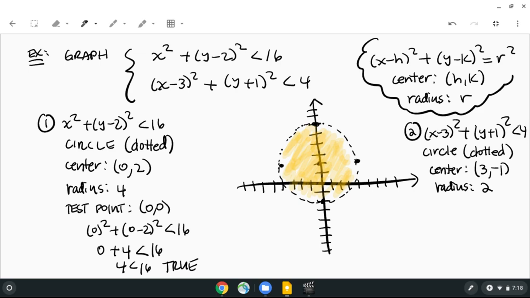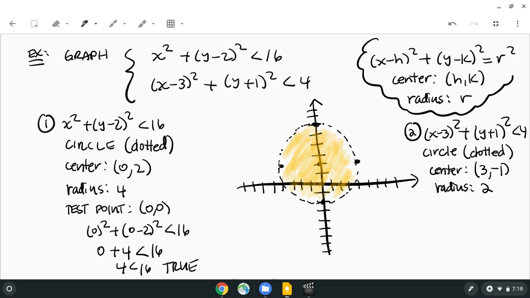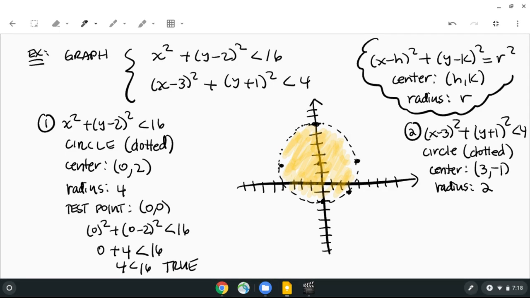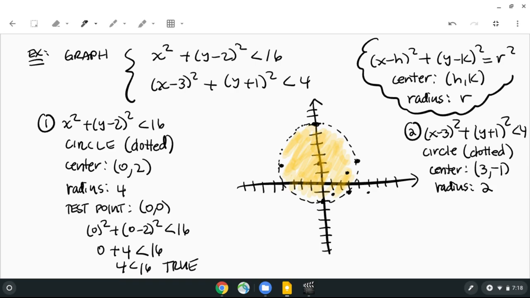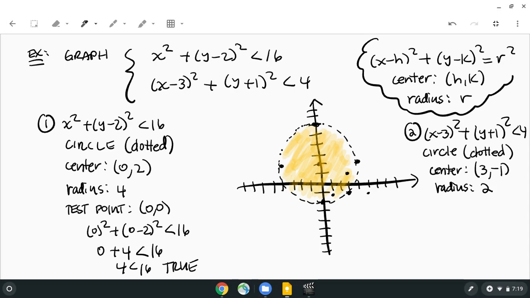All right, so let's go ahead and graph that. Center at (3, -1), and I have a radius of 2. So 1, 2, 1, 2, 1, 2, and 1, 2.